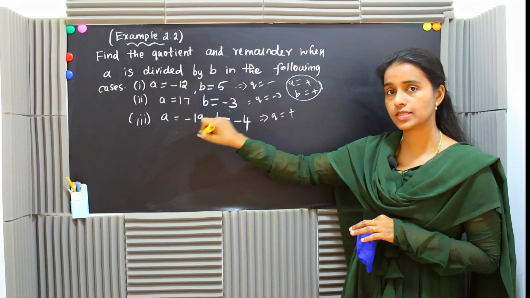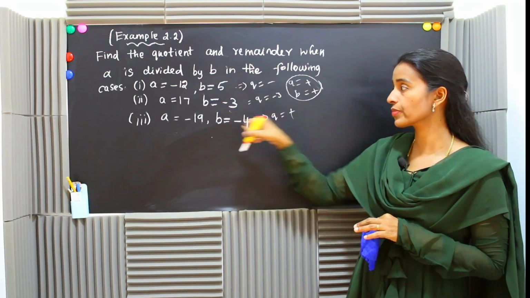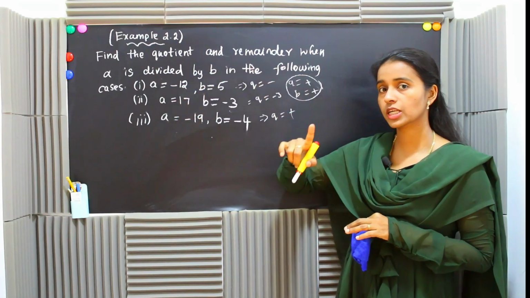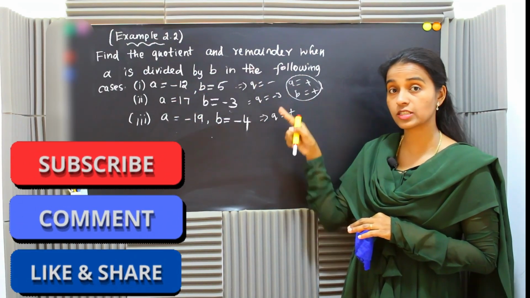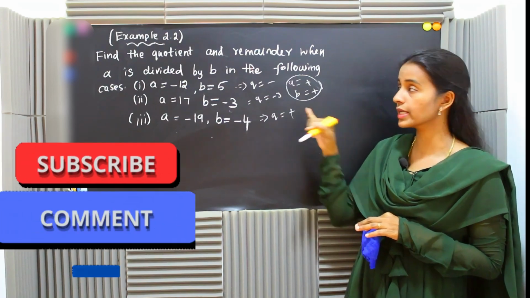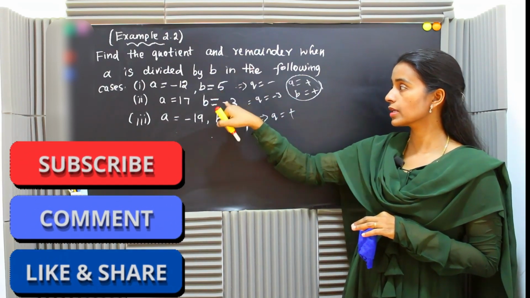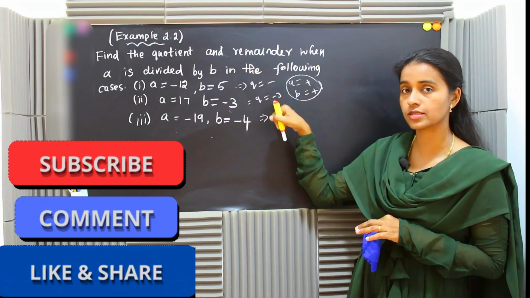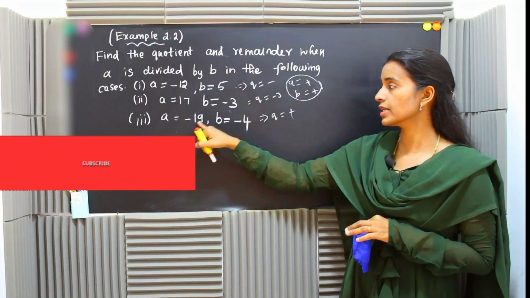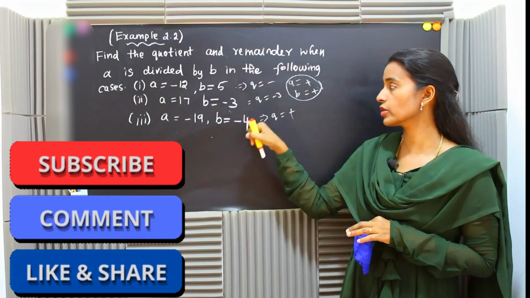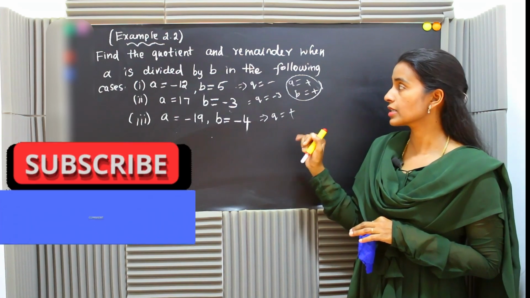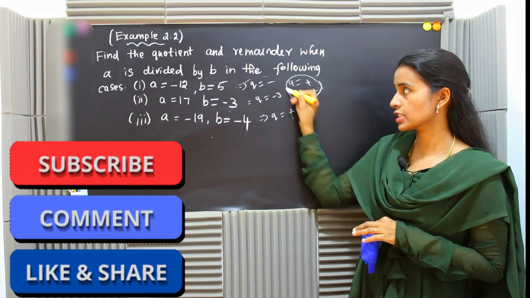If both are positive, the answer will be positive. If you have only one negative, the answer, the quotient value, should be negative. Here also we are having only one, so the quotient answer is minus. Here we have two negative numbers, so the quotient answer will be positive, and it will not change.